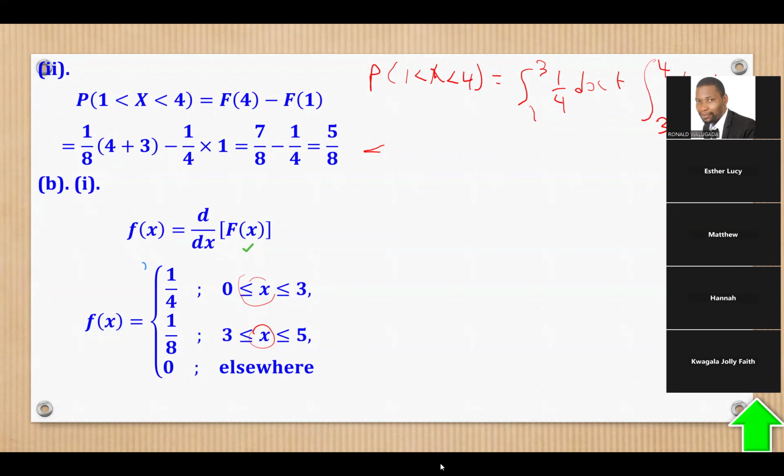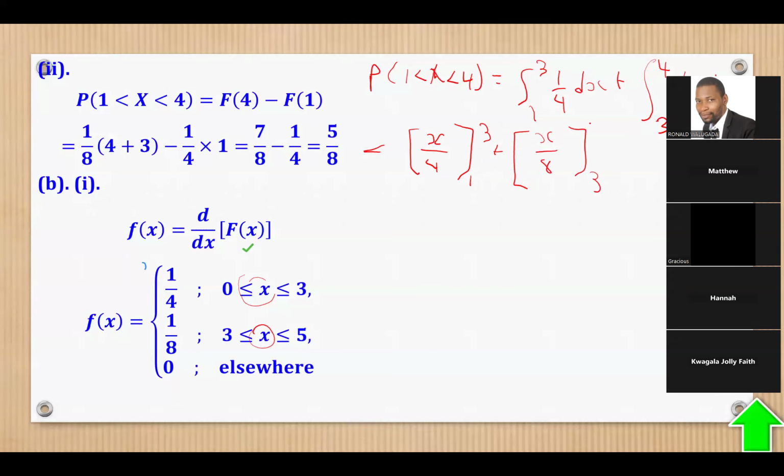If I integrate a quarter, what will I get? X over 4. That is true. What about when I integrate 1 over 8? I get X over 8. Okay, that's good.